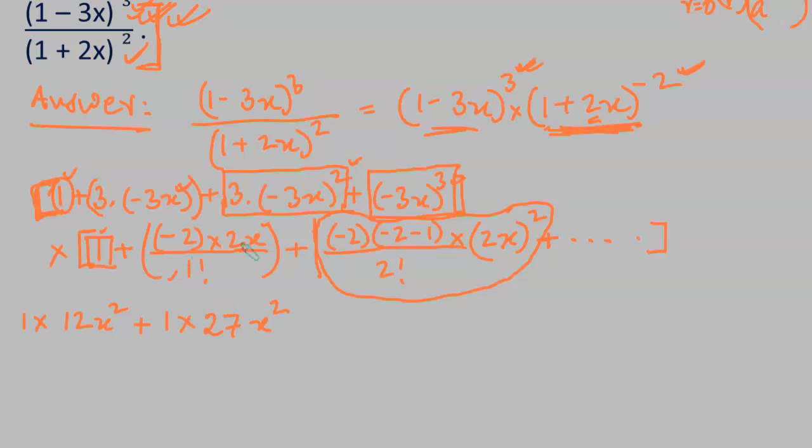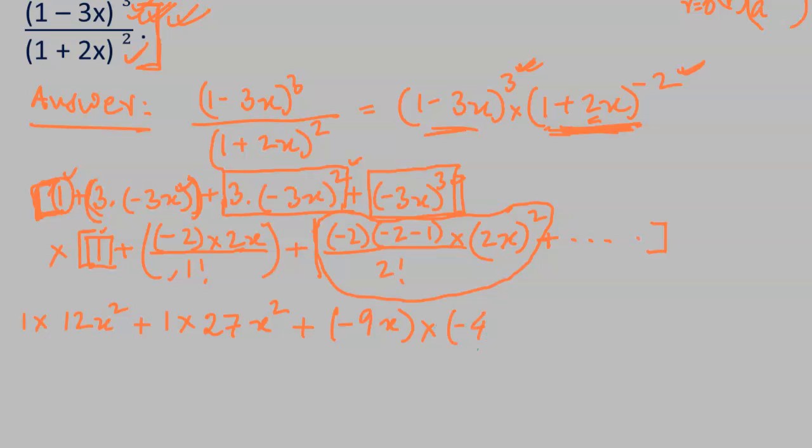Okay, so this one is 3 times negative 3, which is negative 9x, times this one, which is negative 2 times 2x. So it is negative 4x.